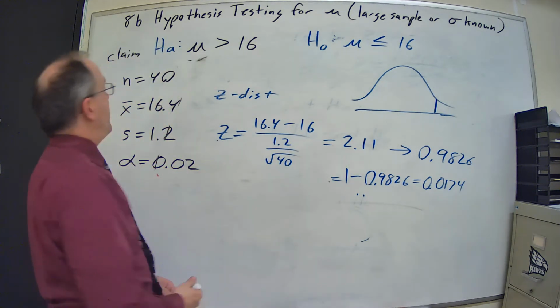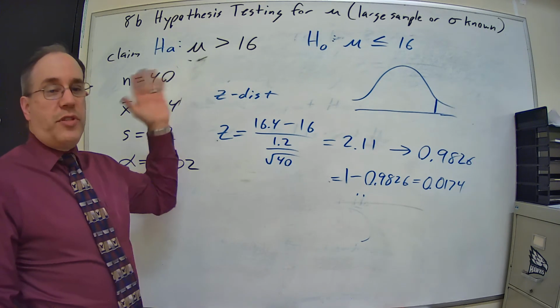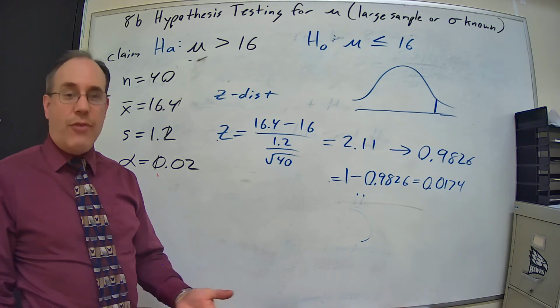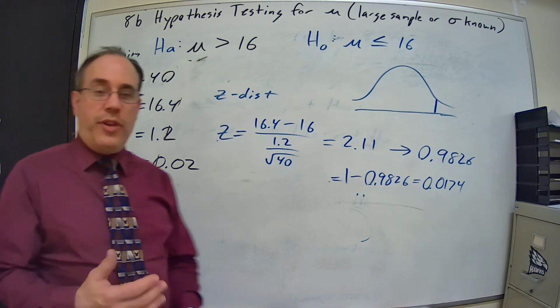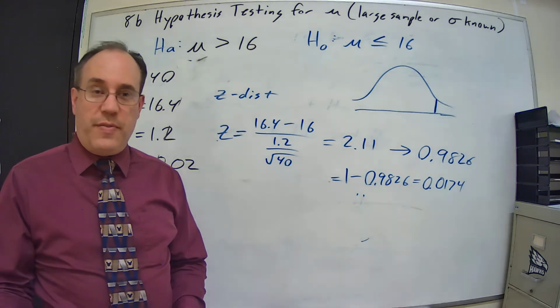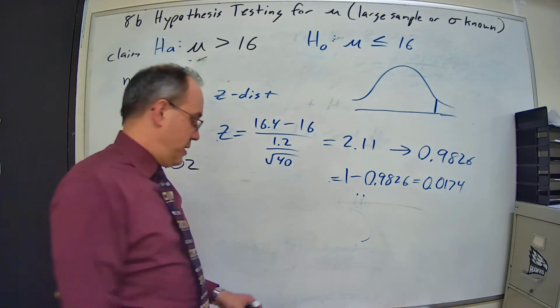I'm going to make the claim now that Jelly Belly claims that on average there are 16 ounces of jelly beans in their 1 pound bags. So now the claim is that on average there are 16 ounces. Not there's more than, not there's less than, but there are 16 ounces.